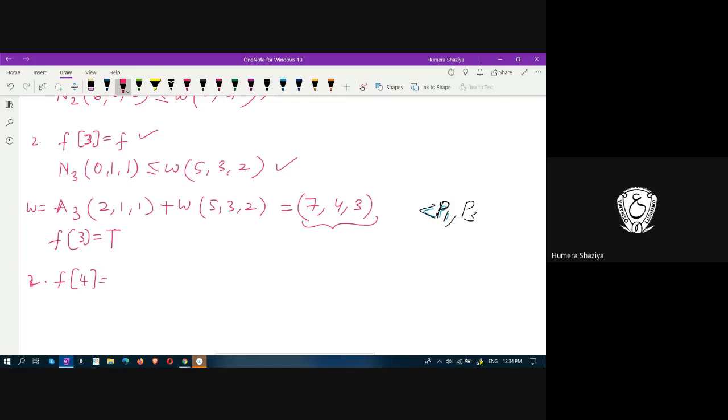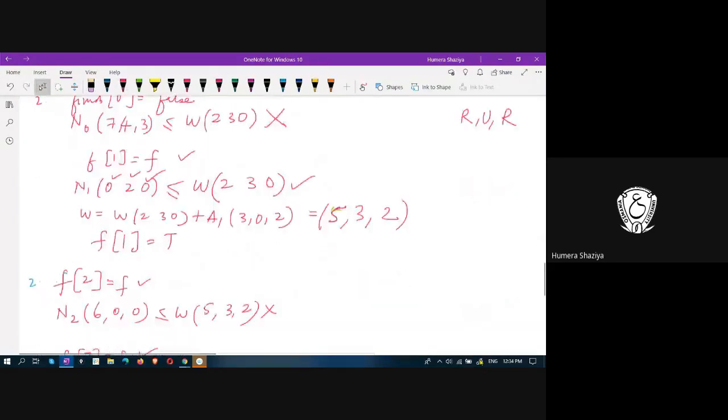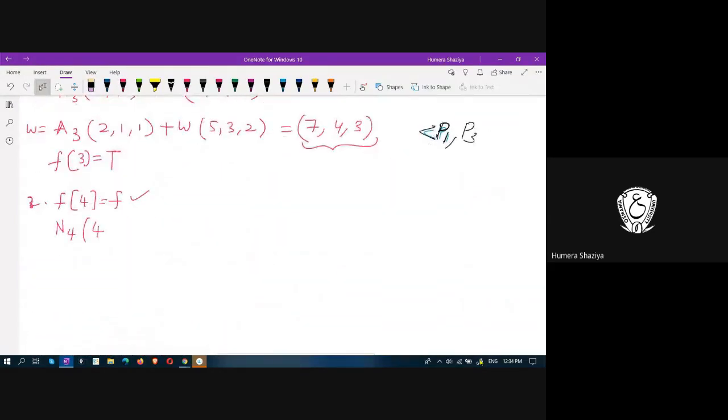Whether finish of 4 is false? Yes. Can anyone tell me the need of 4? Again, we have to go up and check. Need of 4 is 4 3 1. Is it less than or equal to work? What is work? 7 4 3. Yes.